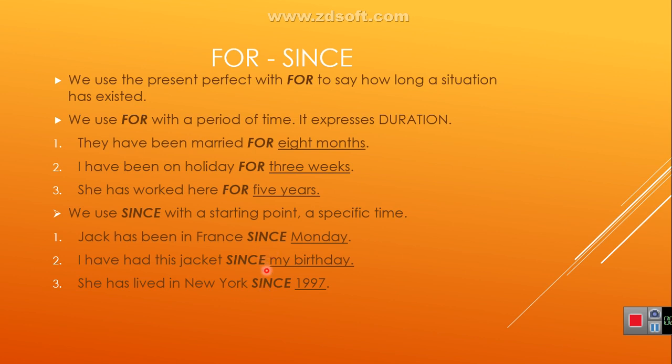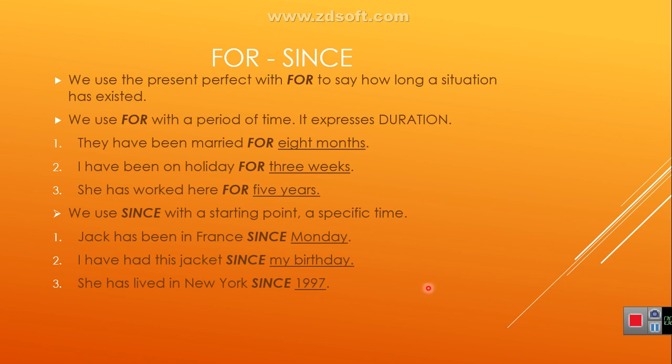We use since with a starting point, not a period of time. Monday, the event, the situation started on Monday, a specific time. My birthday, it's a starting point, a specific time. 1997 is a year, it's a starting point, it's a specific time, not a period of time, not a duration.